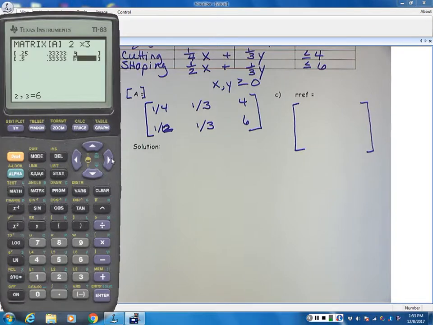So we enter the values into the matrix, and it does change those into decimals, but it'll still work.